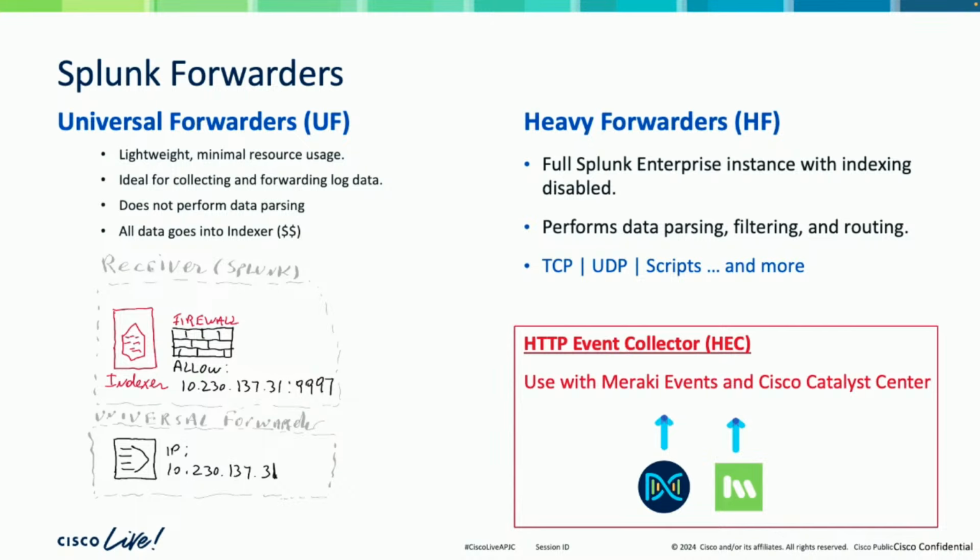From this point on, you can give this IP address to your end user or your admin to configure in the different platforms that you want to start collecting syslog from. So universal forwarders are super simple to get started with.